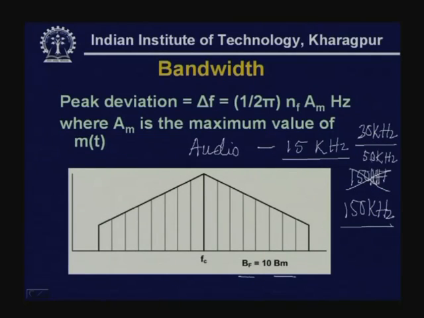The channels can be very closely packed. On the other hand, in case of FM, the stations have to be at least 200 kilohertz apart. That means, because of the higher bandwidth requirement of the FM signal, the number of channels that you can have in FM is limited.